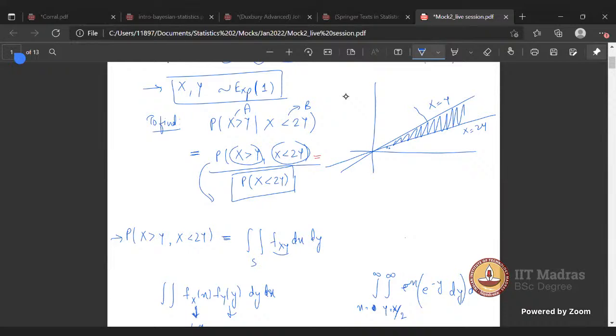For x equals y, e to the power minus x times e to the power minus x becomes e to the power minus 2x. We integrate that, and subtract the integral of e to the power minus x times e to the power minus x by 2. The limit is 0 to infinity for both.